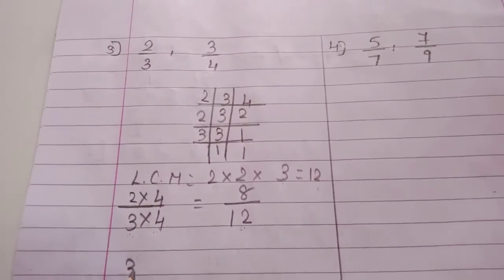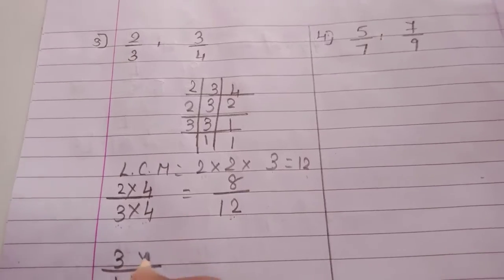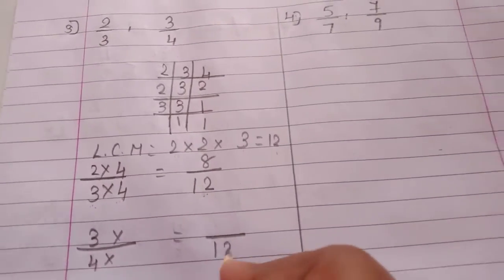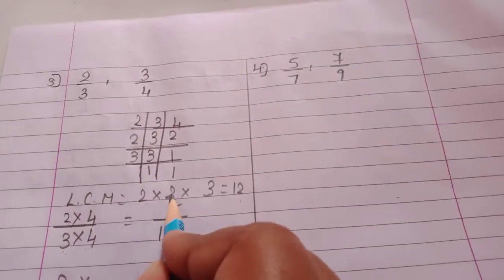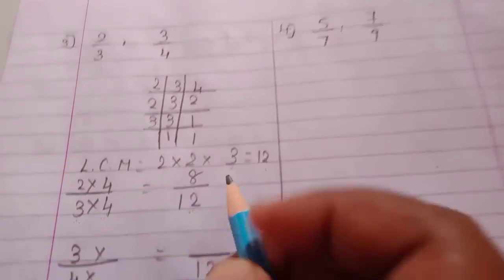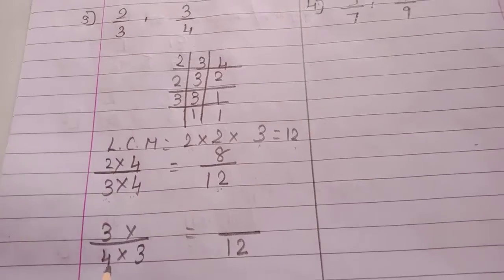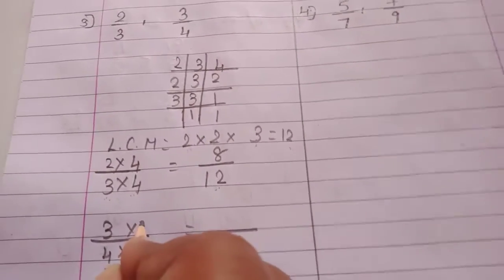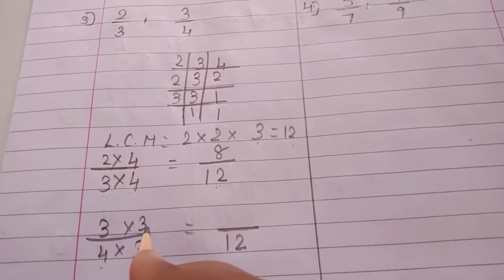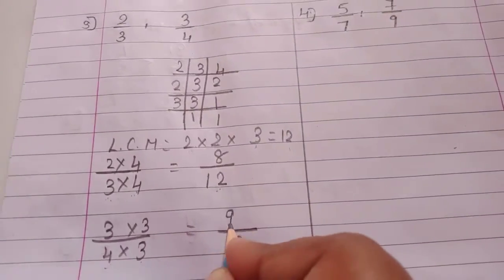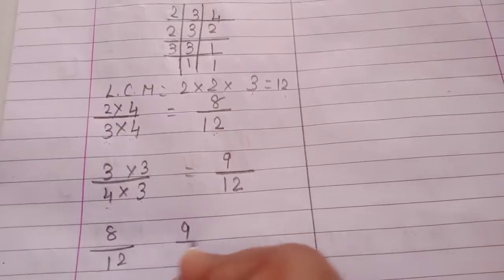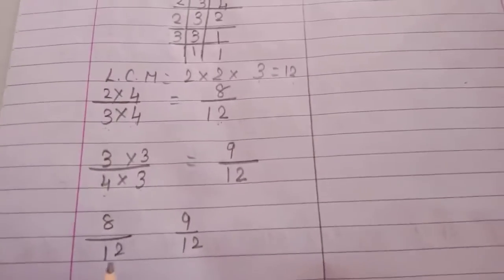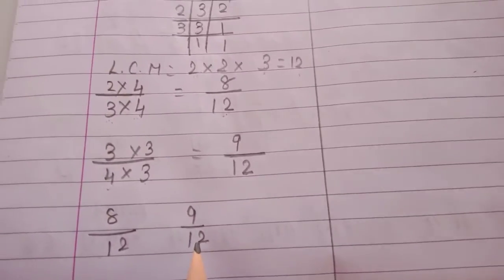Now the next fraction is 3 upon 4. We want denominator 12. So in 4 what will we multiply? 2 2s are 4. Now which number is left? 3. So we will write here 3. 4 3s are 12. So in the numerator also we will multiply by 3. 3 3s are 9. So the fractions are 8 upon 12 and 9 upon 12. Now the denominator becomes same, 12 and 12.